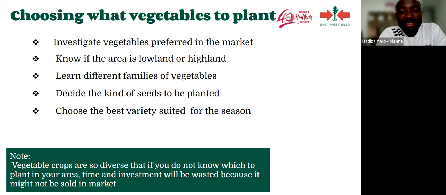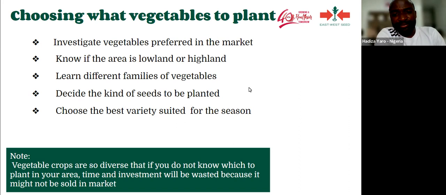So having known your vegetable, your area, the different families of vegetables, the kinds of seed to be planted, and the best variety suited for the season, you will know what and where to get your seeds.